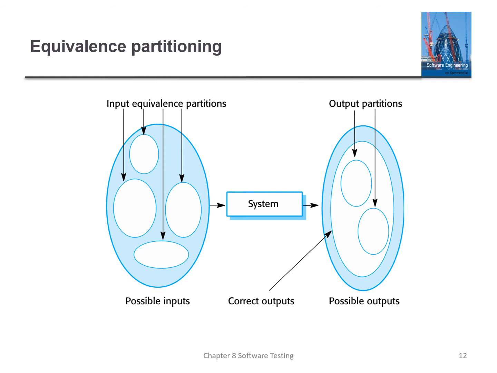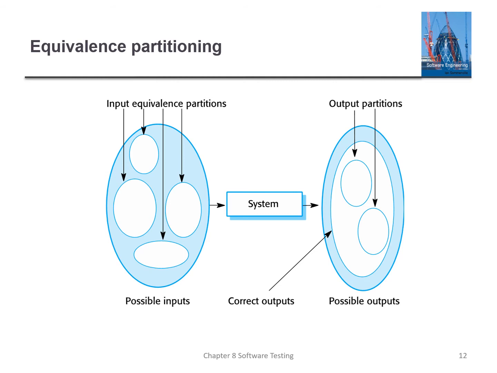So when you choose your test cases, you can choose one from here, one from here, one from here. You don't have to test so many from here. So you are trying to be more effective. If you want to test, you choose one from here, one from here, one from here. So that will be your test data.